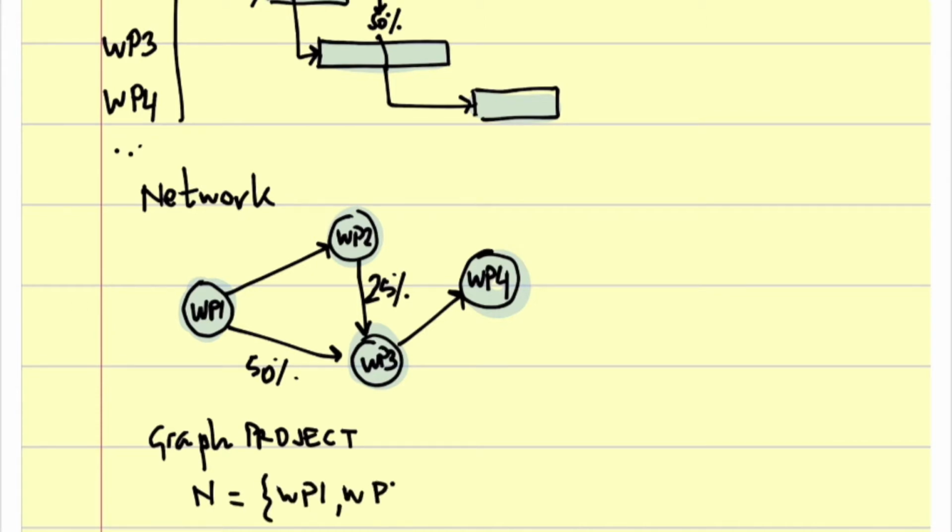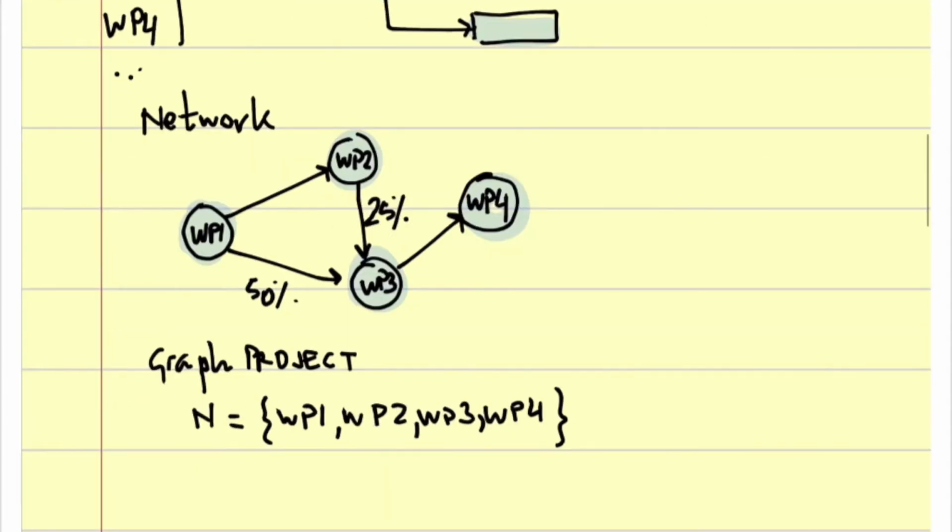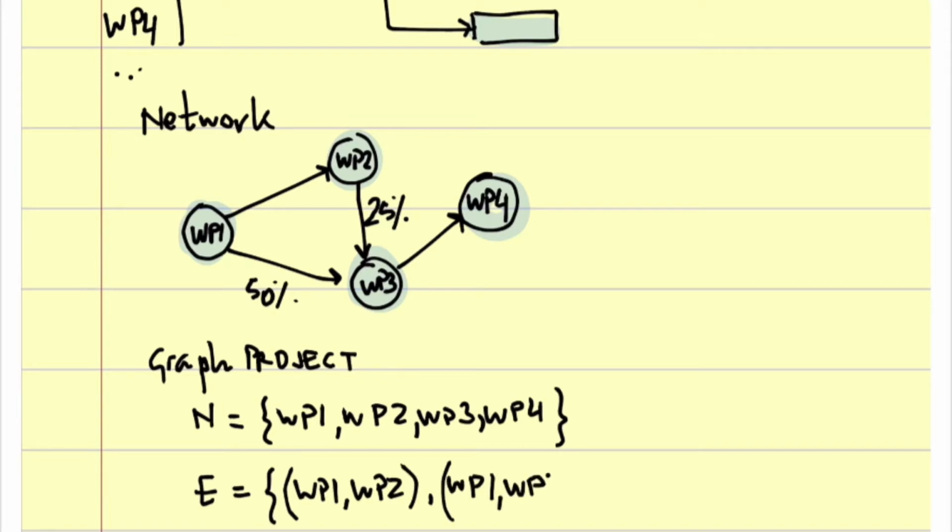Work packages 1, 2, 3, and 4 are the nodes, and the edges are work package 1 to 2, work package 1 to 3, work package 2 to work package 3, and work package 3 to work package 4.